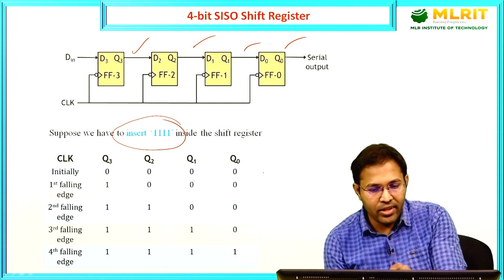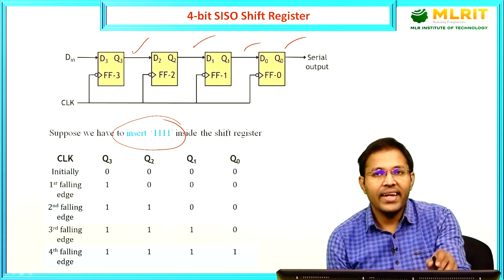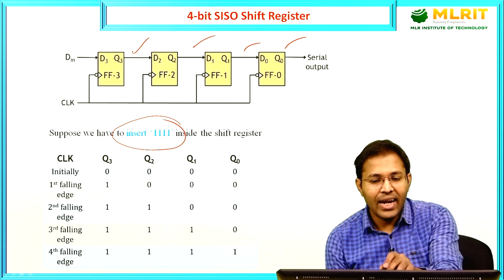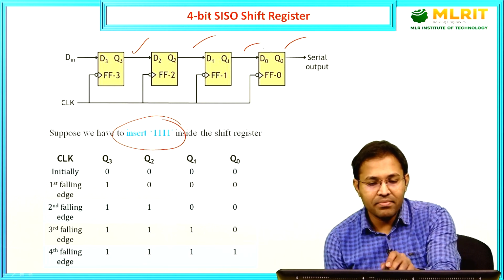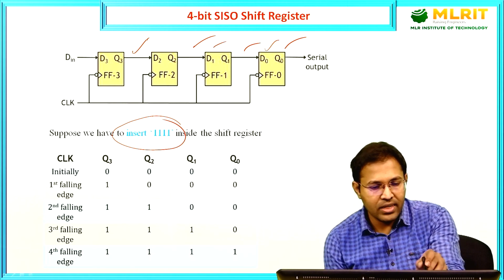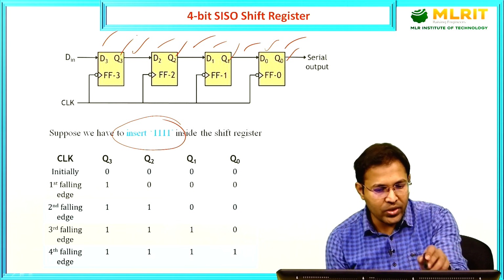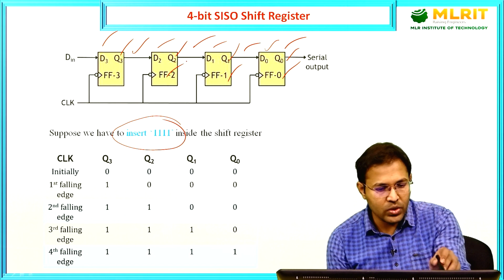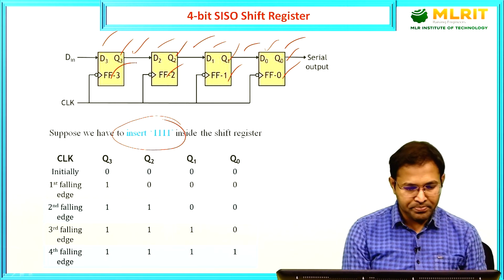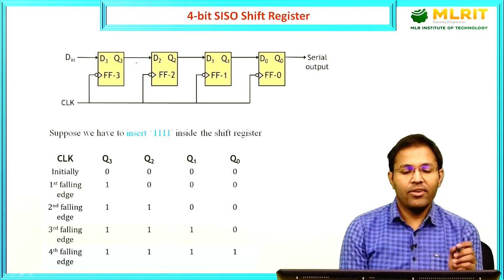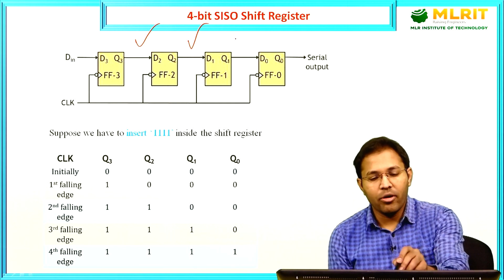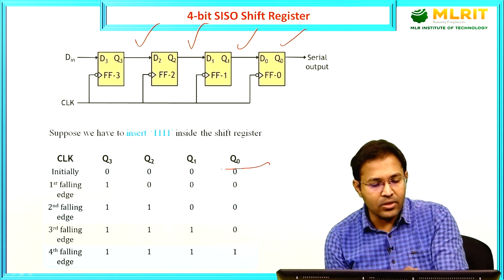So, here we are taking D flip flop, fine, and we are labeling it D0, D1, D2, D3, likewise Q0, Q1, Q2, Q3, flip flop 0, 1, 2, 3. I hope it is very simple. Then initially all the 4 outputs we will take it as zeros, okay.